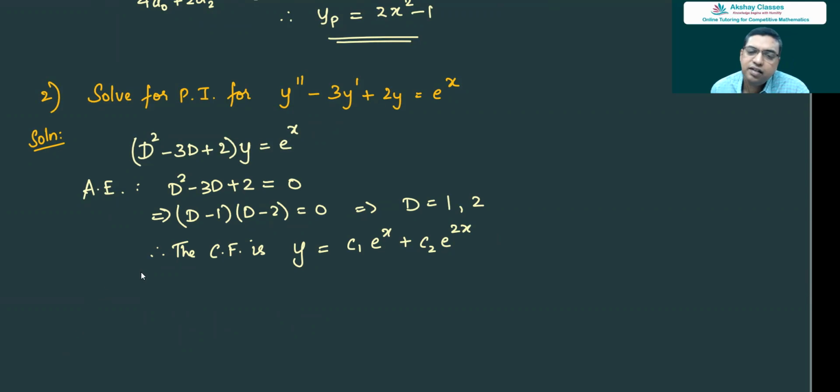Now, interestingly, the e^x on the right hand side is of the same form as one of the components of the complementary function. So we have to use the modification rule.